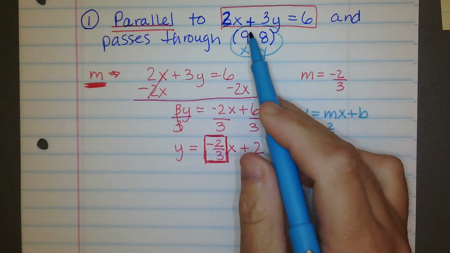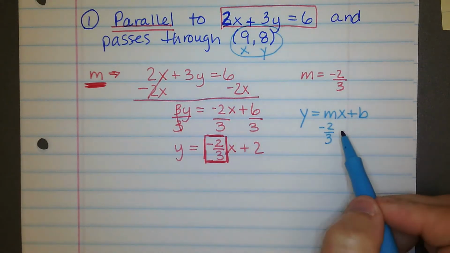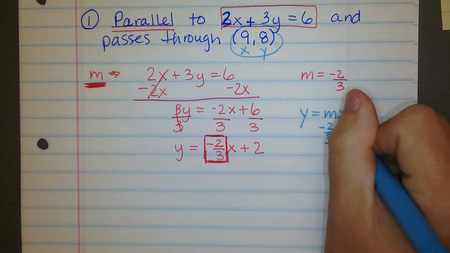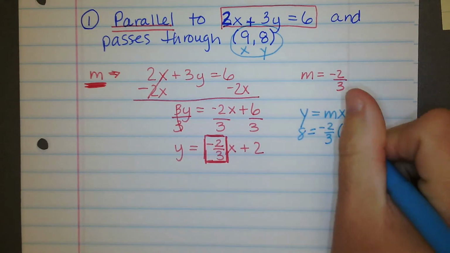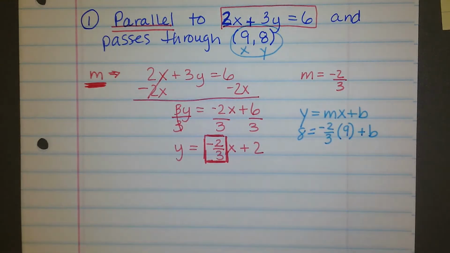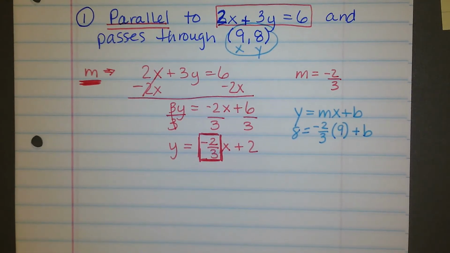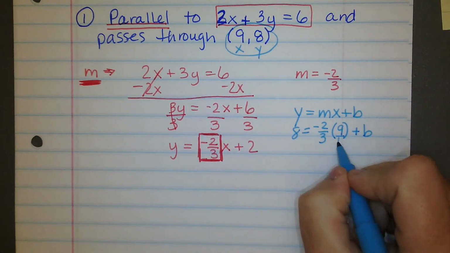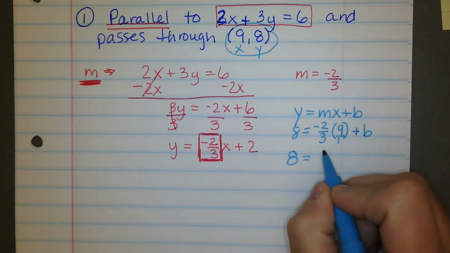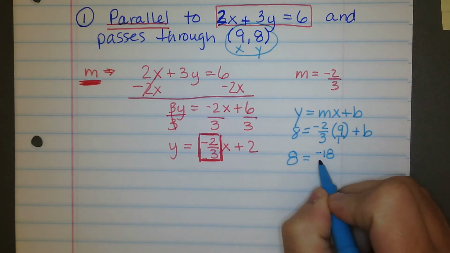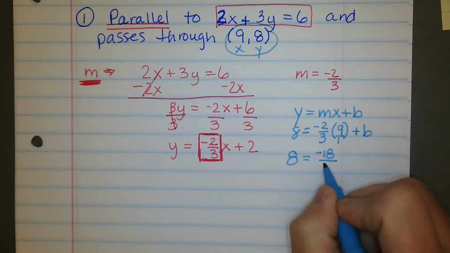I'm going to plug my x coordinate and my y coordinate in like we did on the other ones. Remember that 9 is the x and 8 is the y, and we are solving for b. Don't forget that 9 is really over 1, and when you go to simplify this equation, you're going to do negative 2 times 9, which is negative 18, and then you're going to put that over 3 times 1, which is 3.